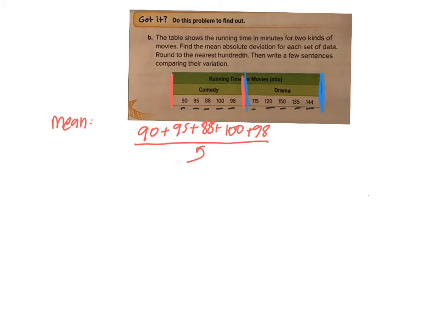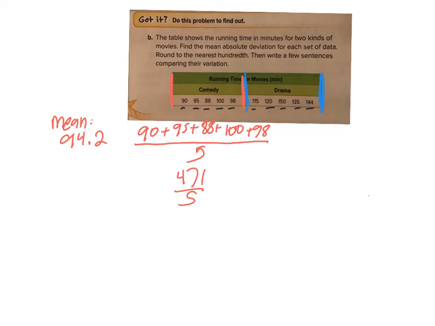Okay, so let's do that. 90 plus 95 plus 88 plus 100 plus 98 equals 471. You divide 471 by 5, you get 94.2. That's the average, the mean.